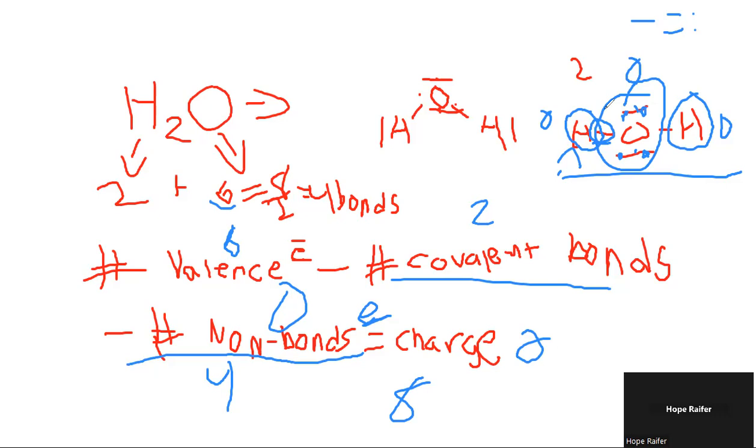Here's what you need to know about the periodic table. Again, going back to chapter 8. Anything from here to here, they want to donate electrons. Anything from here over here, they want to receive an electron. Got it.